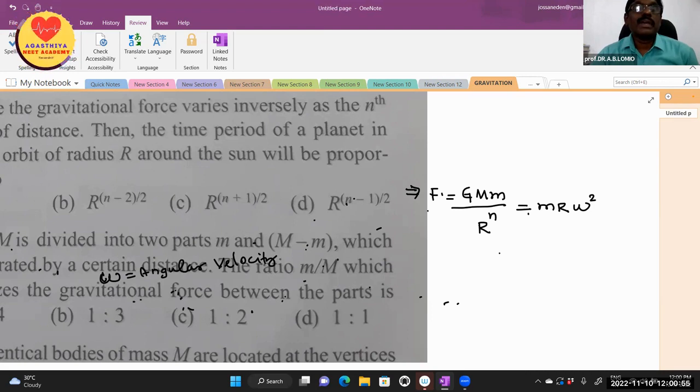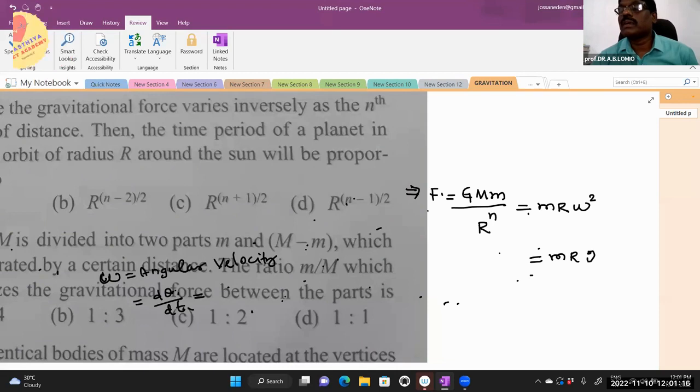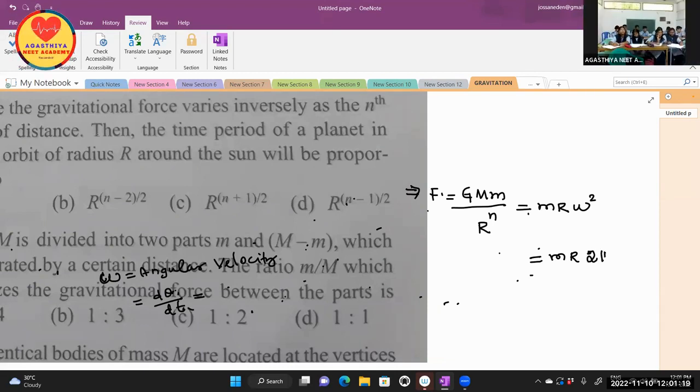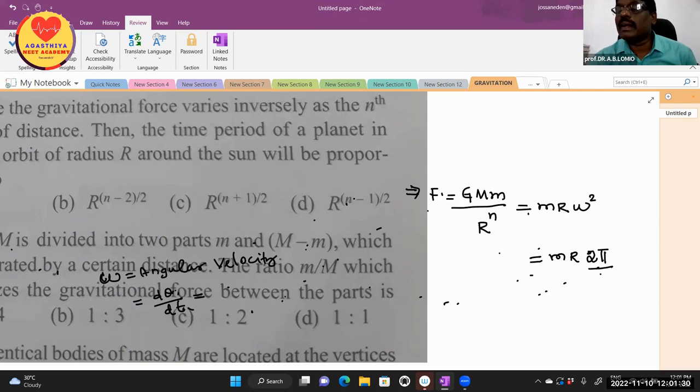Angular velocity means the rate of change of angular displacement. So omega can be written as theta divided by t. For one circular motion, the angle included is 2 pi. For one complete revolution, that is 360 degrees, 360 degrees is equal to 2 pi radians. That is the displacement divided by the time period. Therefore, it is converted into time period. Now we can take out the time.